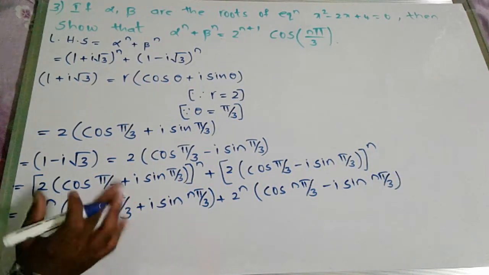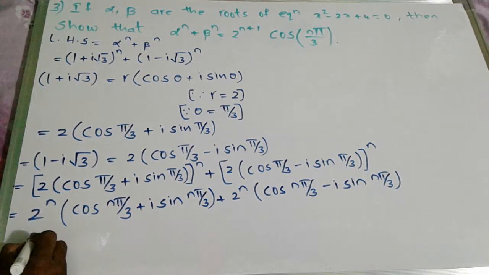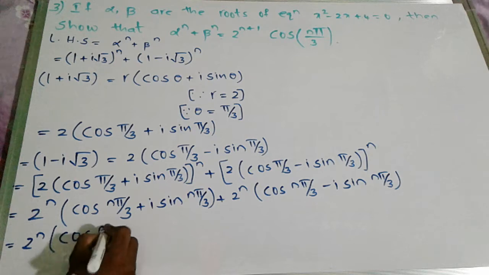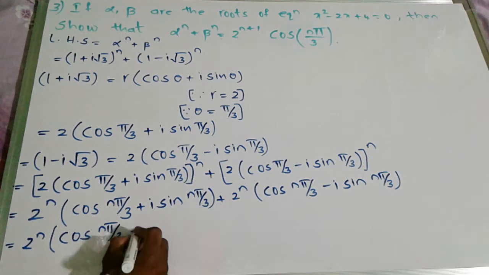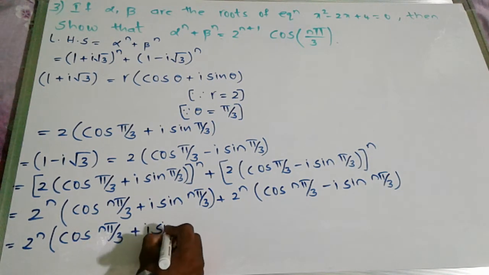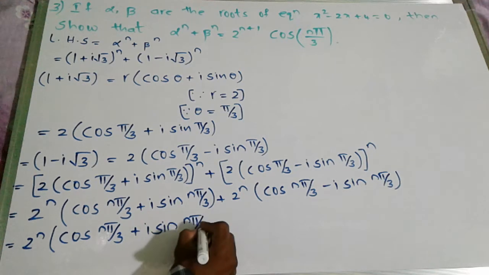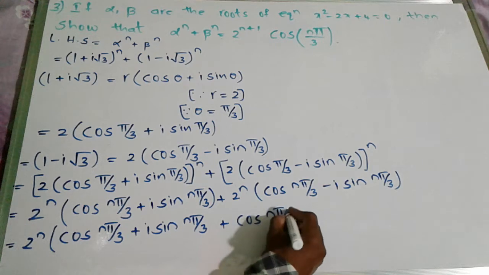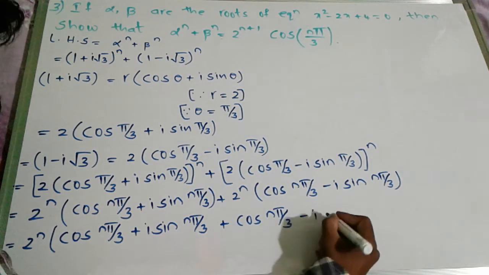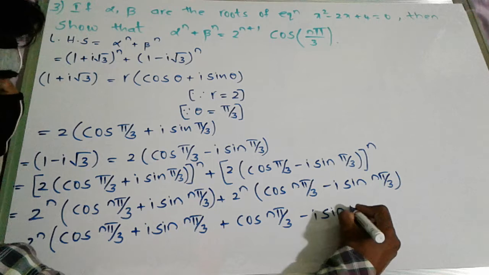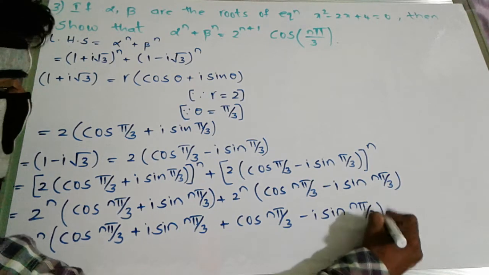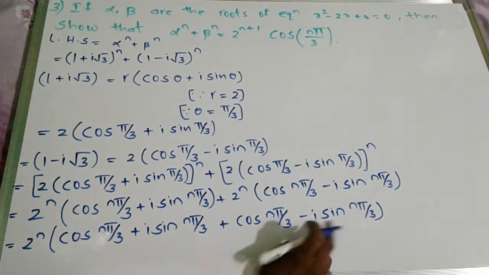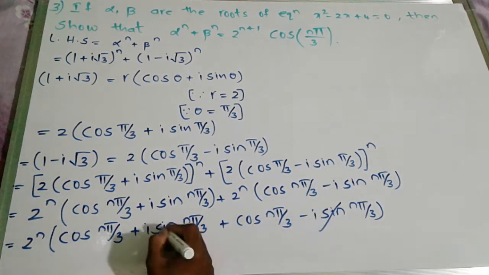I am taking 2^n common. So we get 2^n of (cos nπ/3 + i sin nπ/3 + cos nπ/3 − i sin nπ/3). So here plus i sin nπ/3 and minus i sin nπ/3 get cancelled.